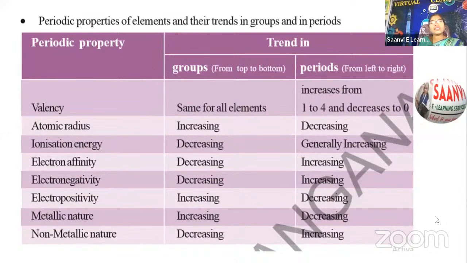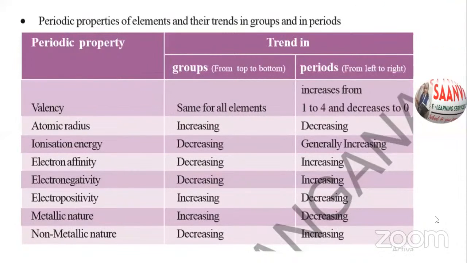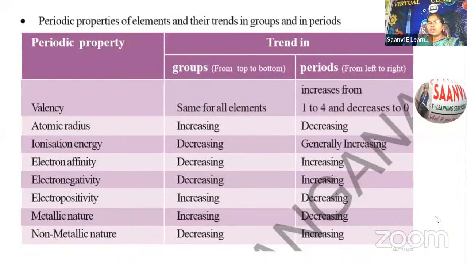Yes. Electron affinity is nothing but, in ionization energy we remove one electron, but in electron affinity we add an electron to the outermost shell, in the isolated gaseous state. When it is isolated gaseous, then we can add the electron.